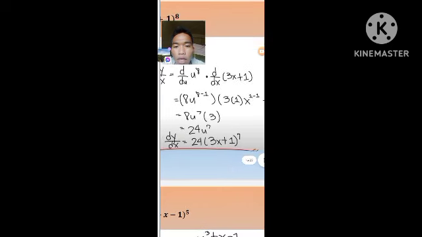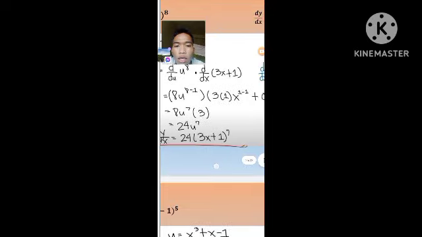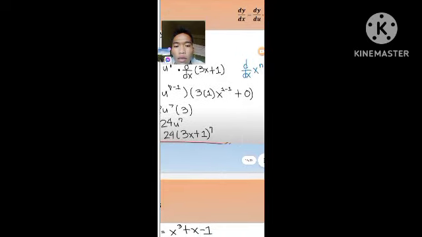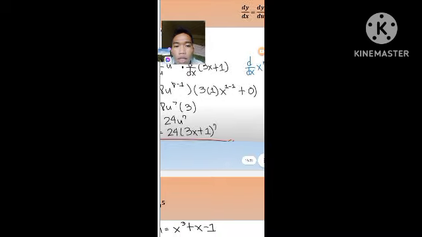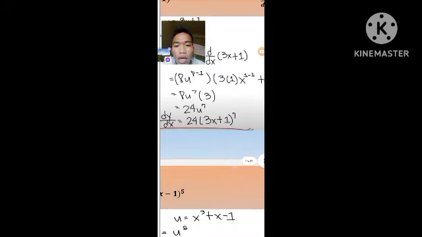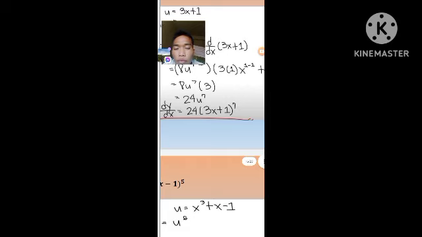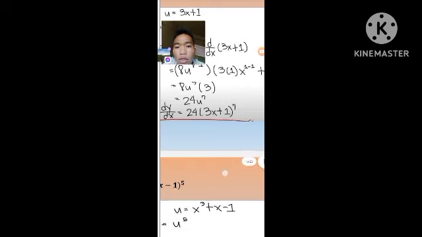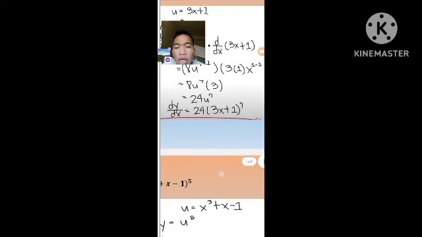And then equals 8u raised to the power of 8 minus 1 times 3 times 1 x raised to the power of 1 minus 1 plus 0, because 1 is a constant. And then substitute, and then we'll be going to 0. And then we have a total of 8u raised to the power of 7 times 3. So we need to multiply the constant 8 to the 3. So we have a total of 24u to the 7.